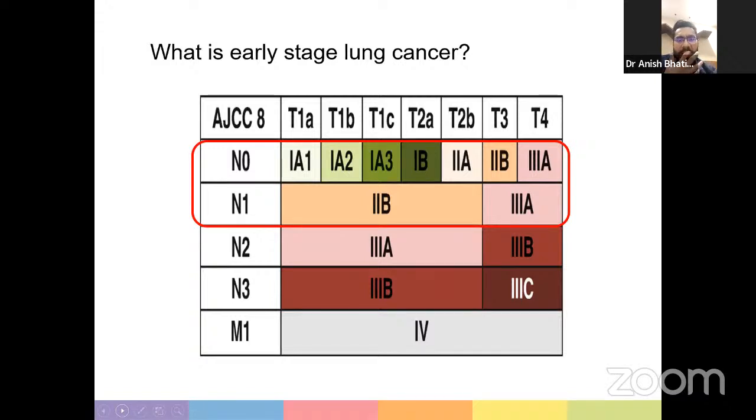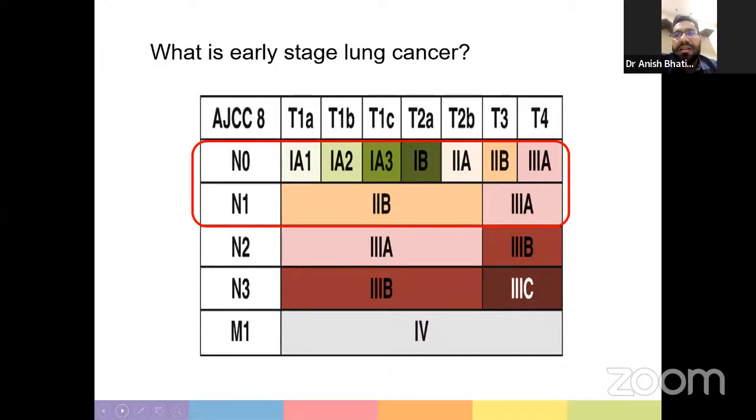Up to T3, T4 or N0, we won't call it early stage, but still a resectable disease. As per our practice, what we call an upfront early stage resectable lung cancer is T1, T2 disease with node negative disease or probably N1 disease.